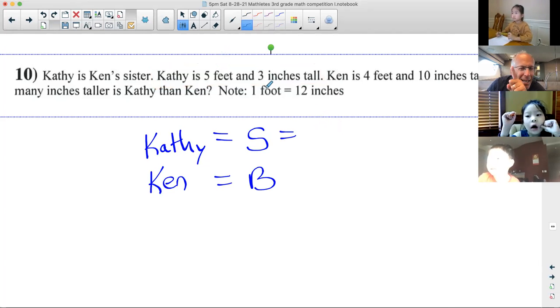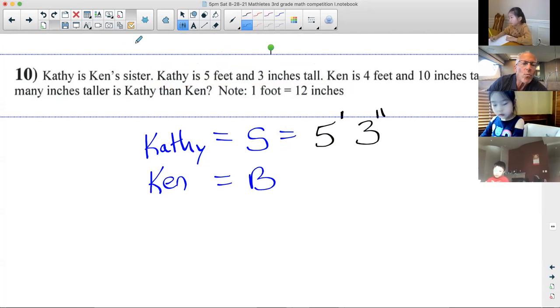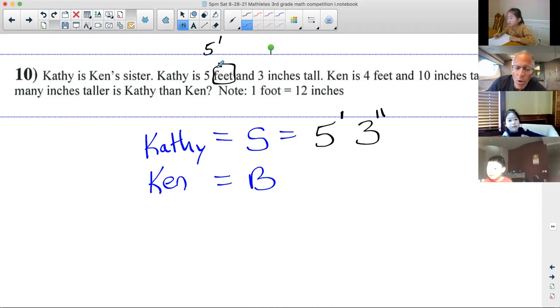Yes, yes. Now, everybody write this down right now. S equals 5 feet 3 inches. So when we write feet, we can write it with a little apostrophe. If you look at the middle row of the keyboard on a computer, A, S, D, F, G, H, J, K, L, then there's a semicolon, and then there's something called an apostrophe.